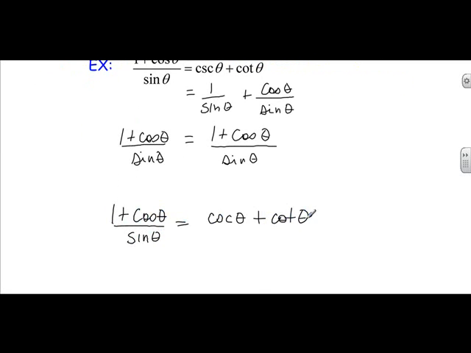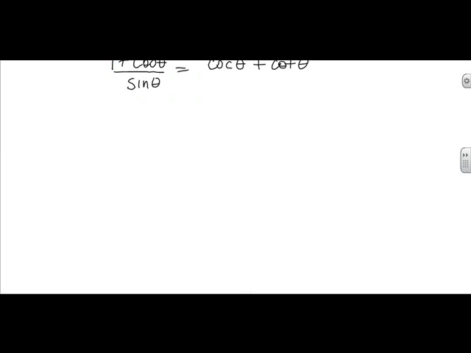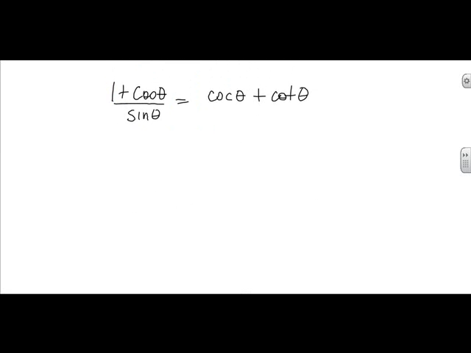If I choose to work on the left side, I can split that fraction up as a sum of two fractions, 1 over sine of theta plus cosine of theta over sine of theta. 1 over sine of theta is cosecant theta. Cosine over sine of theta is cotangent theta, which is the right side, so we're done.